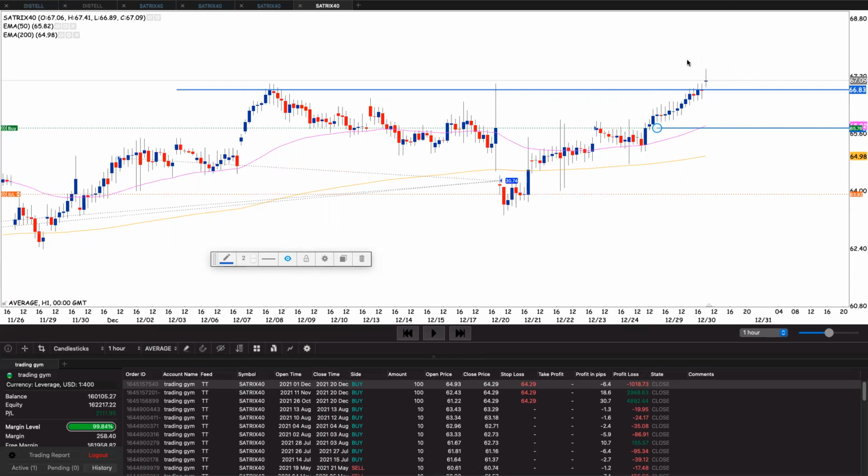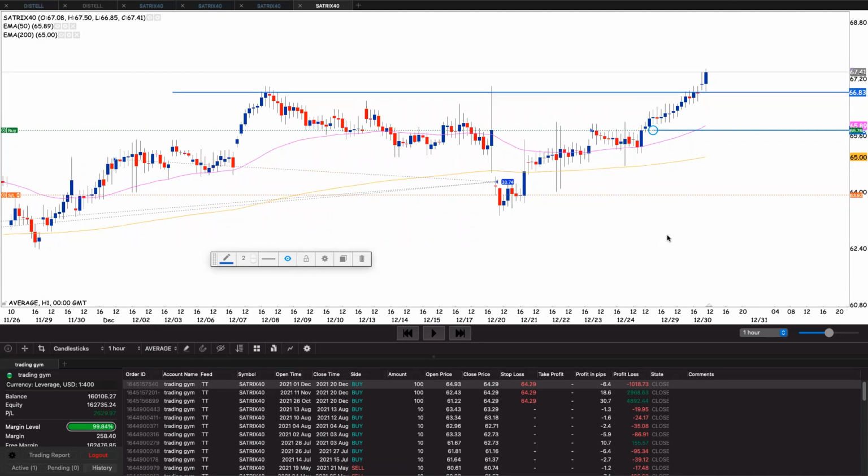I want this pattern to be invalidated first, which happens the next day. So what do I do? As I can see, we have a bunch of dojis there. So I'll raise my stop loss to there, and I have my 50-day exponential moving average protecting me. Which means I can add to my position.